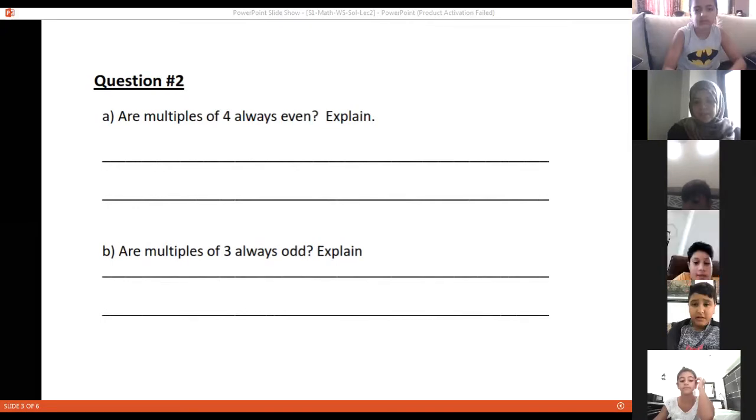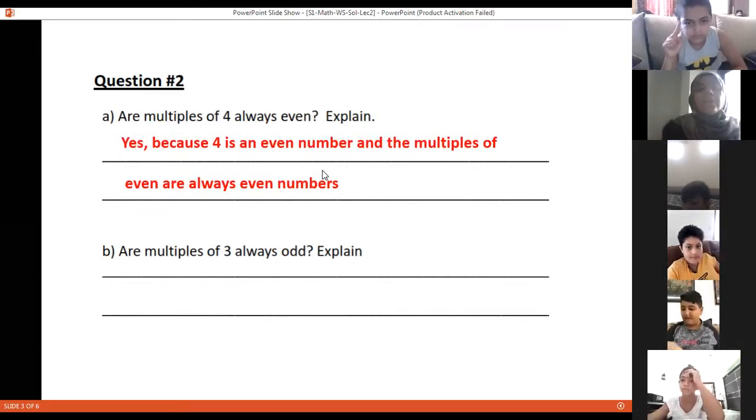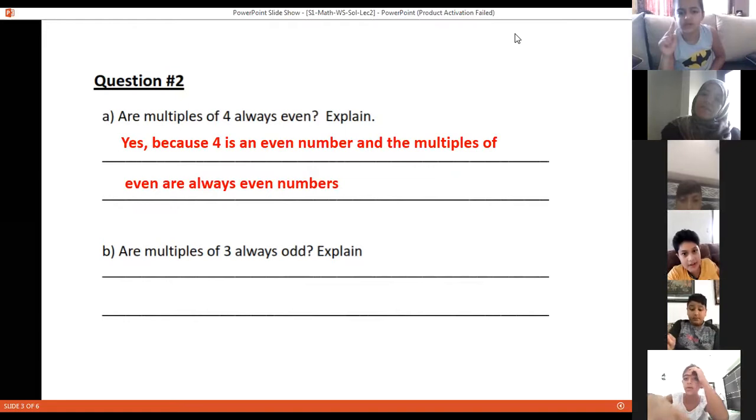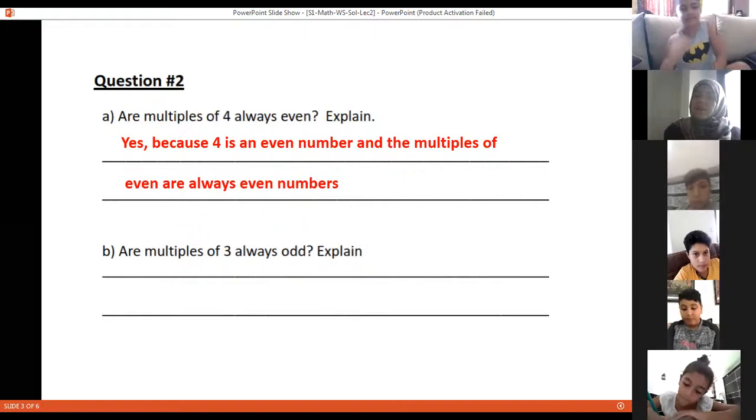Excellent job. So, of course, the multiples of 4 are even because the multiples of an even number are always even. But unlike the multiples of three. Yusuf, do you have a question? Yes, in the end it's even, but in the first, like 140, no. 140 is an even number.